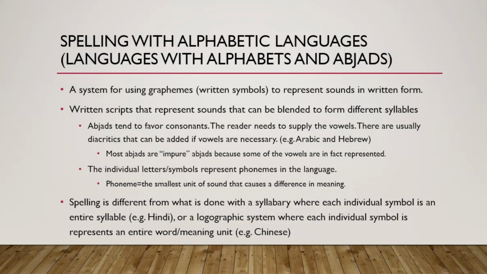And in spelling, we're not considering languages that have more of a logographic system where each symbol represents an entire word or a chunk of a word or a meaning unit, like Chinese.